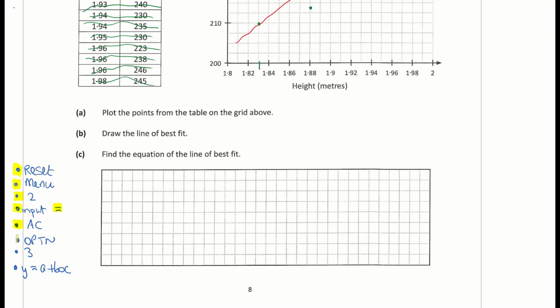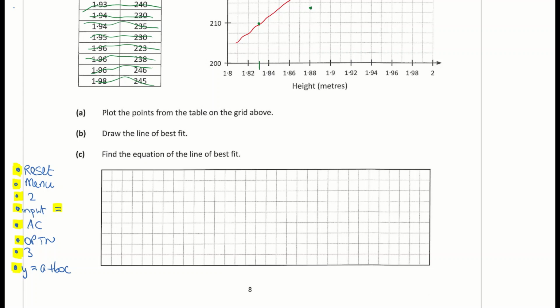You then want to retrieve the data, so you press the option button, which is the top left underneath the shift key. When you press that, you're pressing the 3 button for regression, and up comes y is equal to a plus bx. And you basically just read the equation of the line from your calculator.